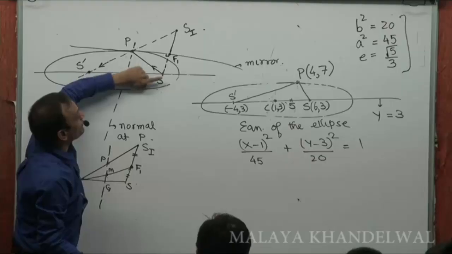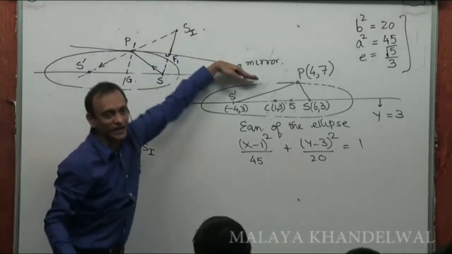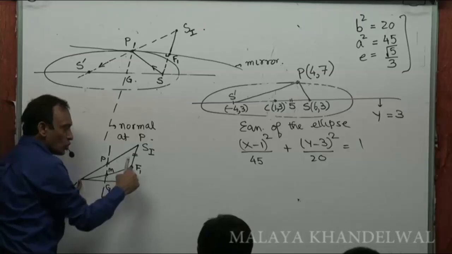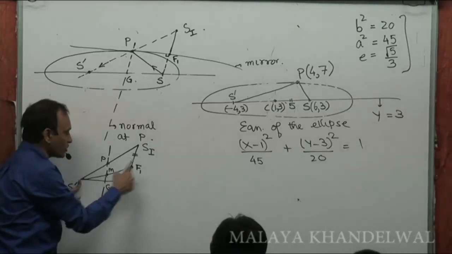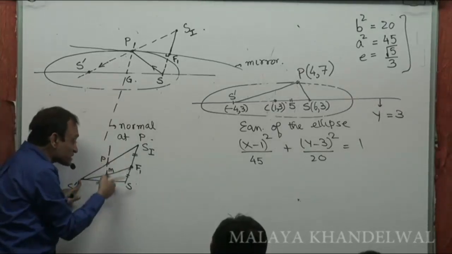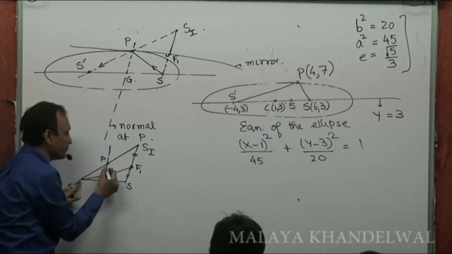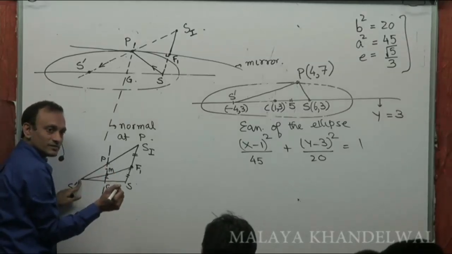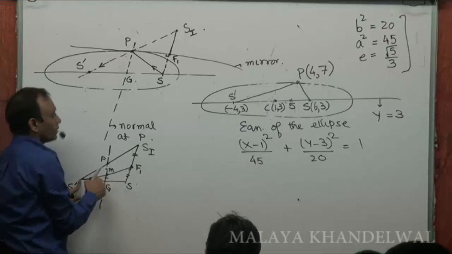F1 is the foot of the perpendicular from this focus onto this tangent. And if you draw a line from the other focus onto the foot of the perpendicular from the first focus, it will bisect PG. M will be the midpoint of PG. Yes or no?